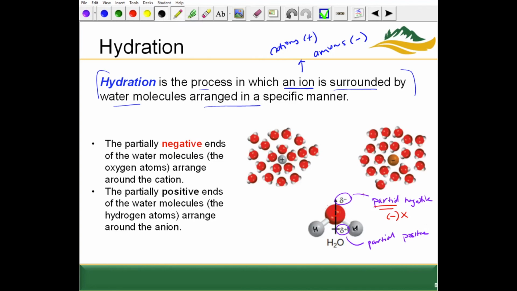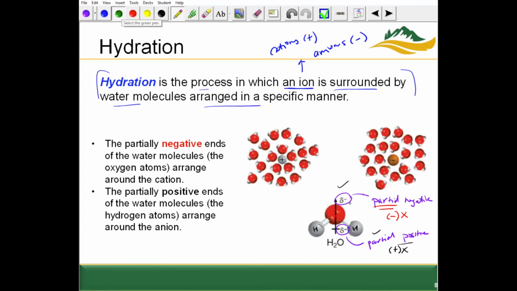The hydrogens have a partial positive charge, not a full-on cation for a positive charge, because they have less electron cloud density around their atoms now. We'll get more into this throughout the semester too, so just if you're wondering what this partial negative and partial positive are, that's just a quick introduction.